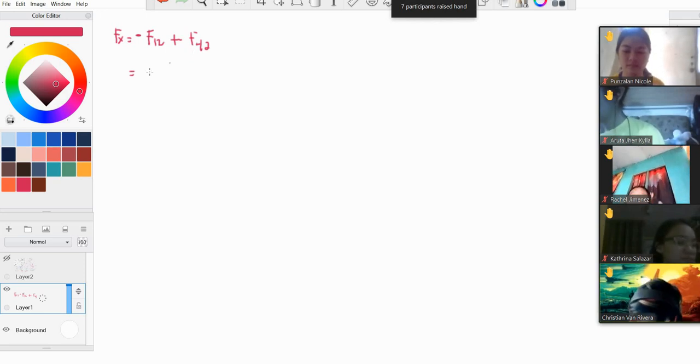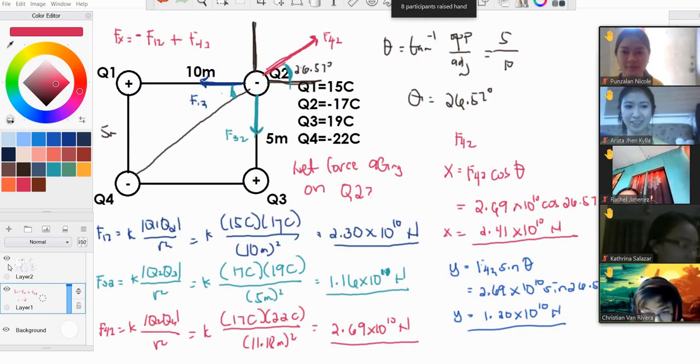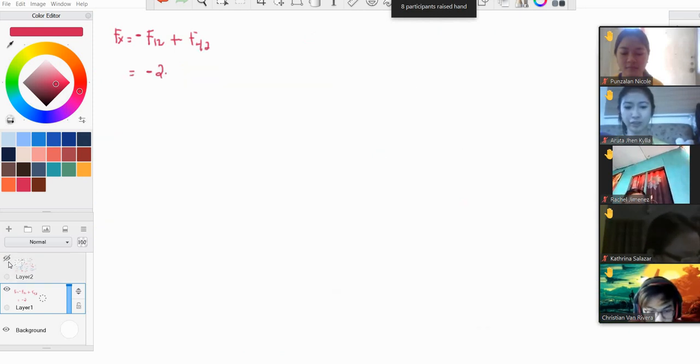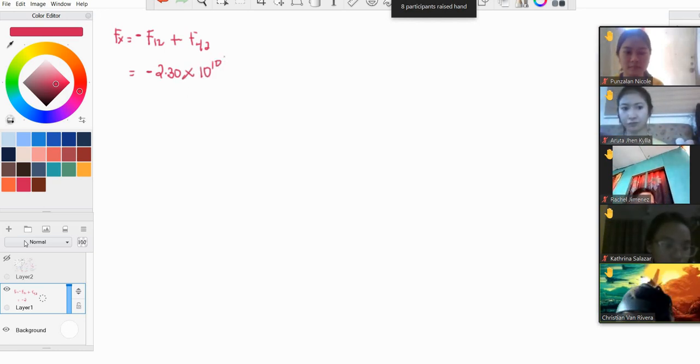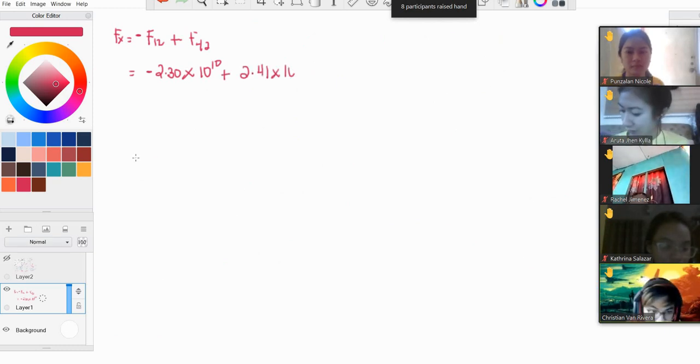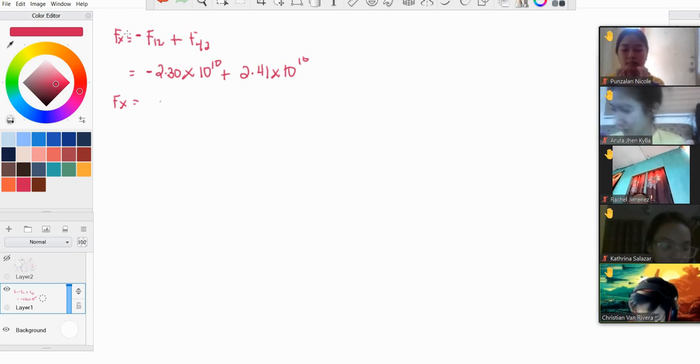Next. Tapos negative 2.95 ay 2.2 ano ba sir? I-round up na 2.3. F12, sige. 2.30 times 10 raised to 10 plus 2.41 times 10 raised to 10 equals to 1 billion siya, sir.